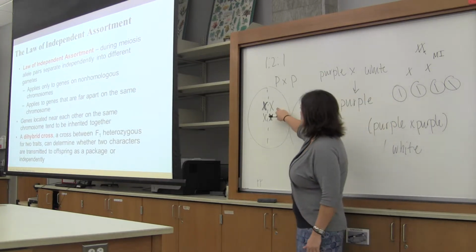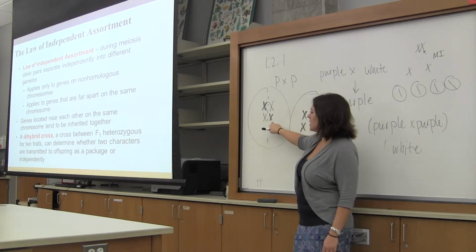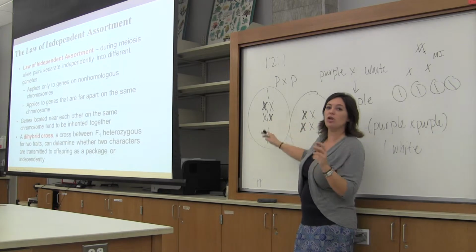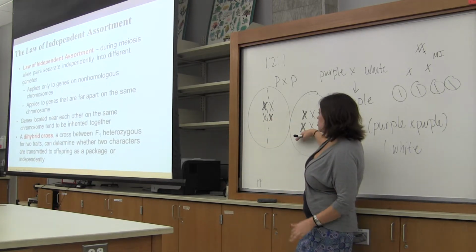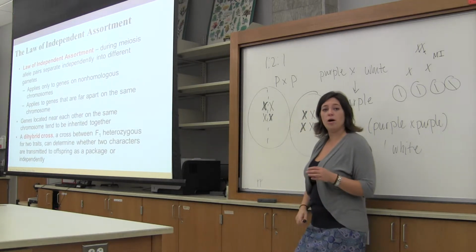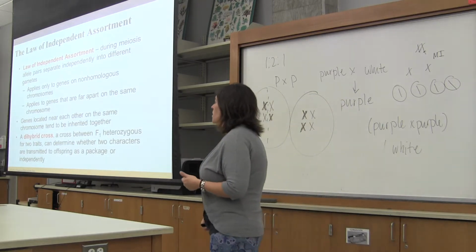Just because this pair ended up arranged like this doesn't mean that this one is going to change its arrangement, because it's all random. It's all by chance. The way that these chromosomes align is totally independent from the way that any other set of homologous chromosomes align. And that's what the law of independent assortment is.